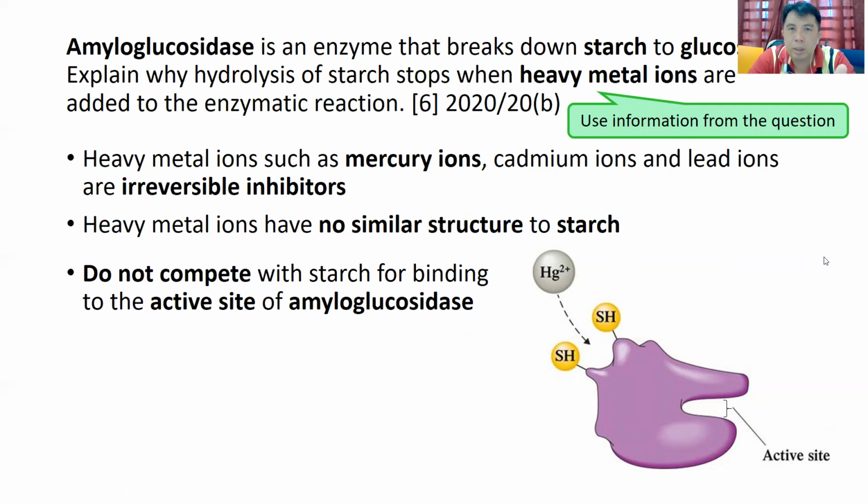So when you want to answer this question, you must use the information given in the question. Like the enzyme is aminoglucosidase. The substrate is starch. The product is glucose. Here, heavy metal ions is what we call irreversible inhibitor.